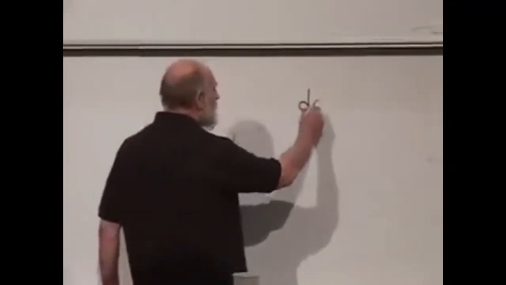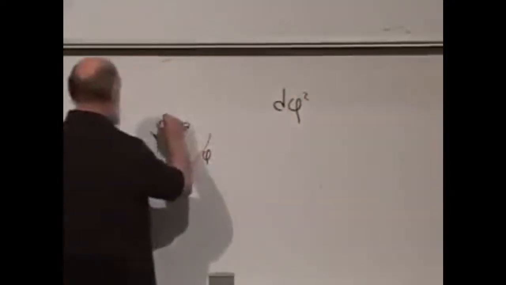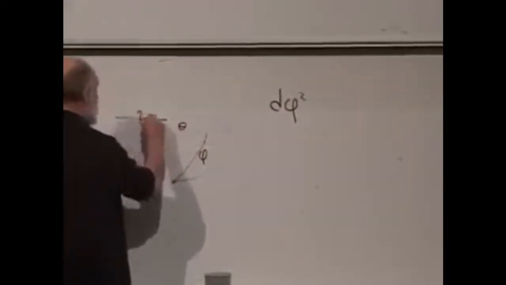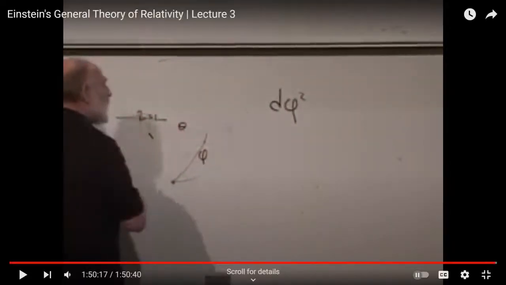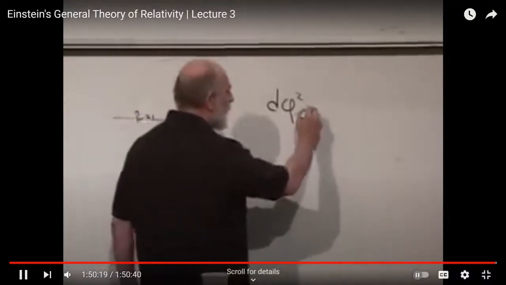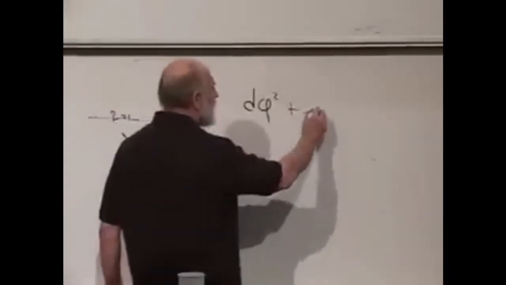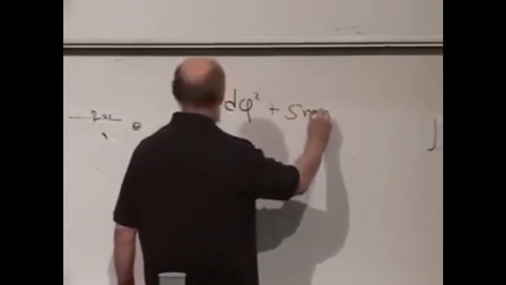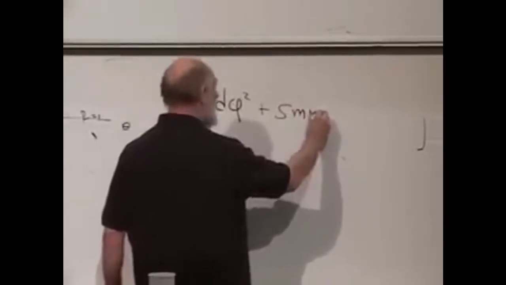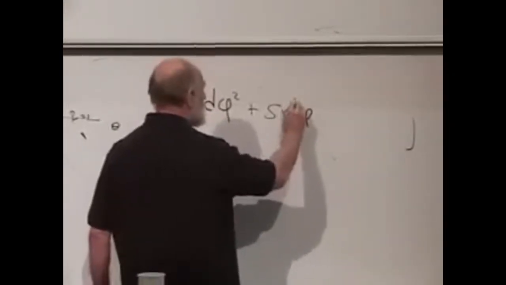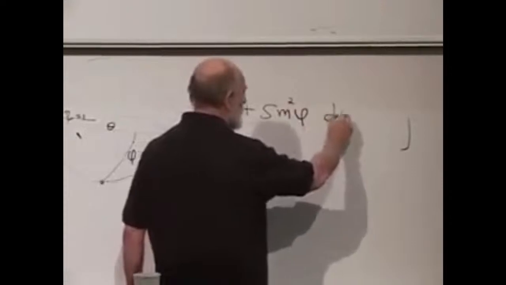As I said, this is radius r equal to 1. It's d phi squared plus sine of phi squared times d theta squared.